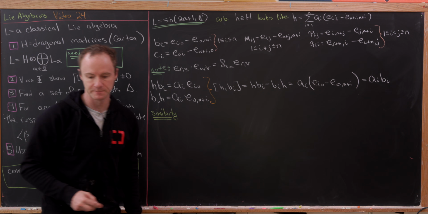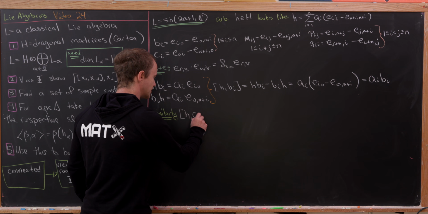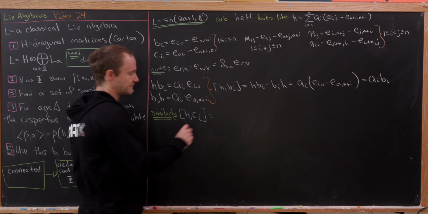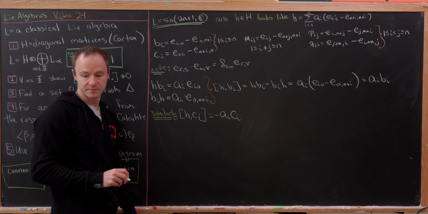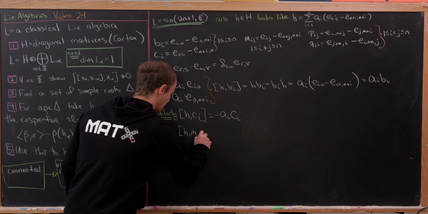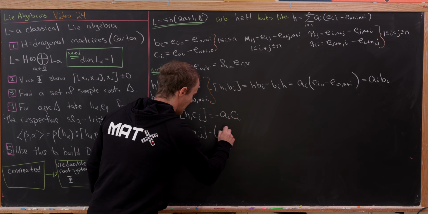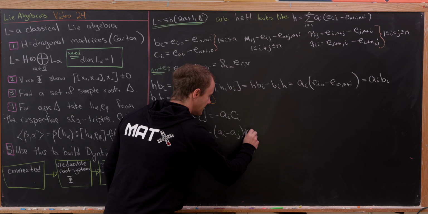I forgot that. Okay, cool. Similarly, the bracket of H with CI looks like this: it's going to be minus AI CI. And the bracket of H with MIJ looks like this: it's going to be AI minus AJ times MIJ.